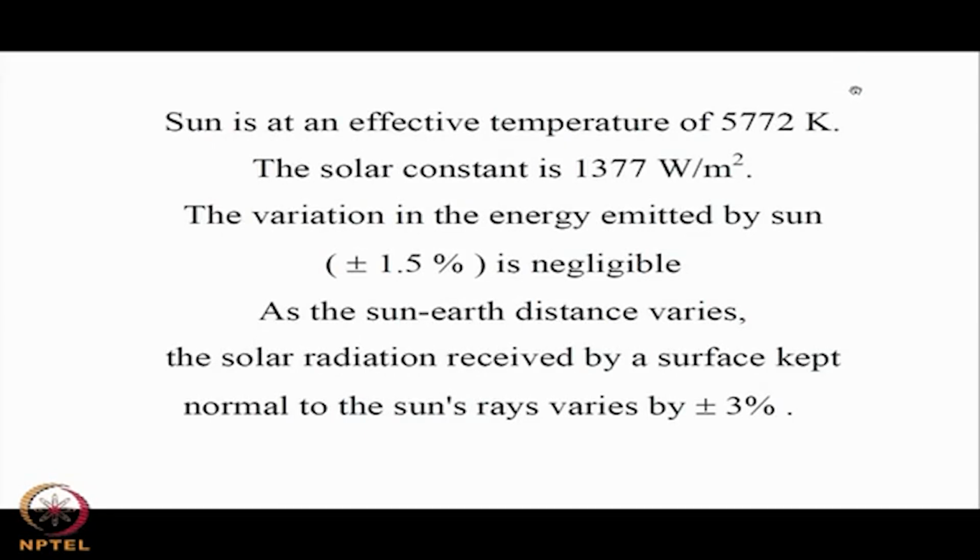And sun's effective temperature is 5772, the solar constant which we already said as 1377, and as the sun earth distance varies, the solar radiation received by a surface kept normal to the sun's rays will vary by plus minus 3%, that is 1 plus 0.033 cos 360 n by 365. Cosine function will vary between minus 1 to plus 1. So, that is about 3%.